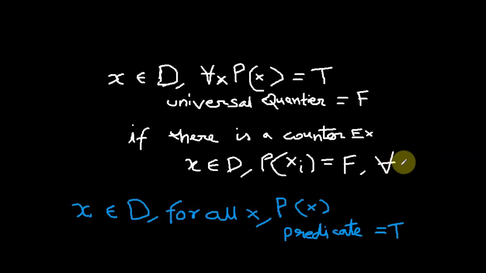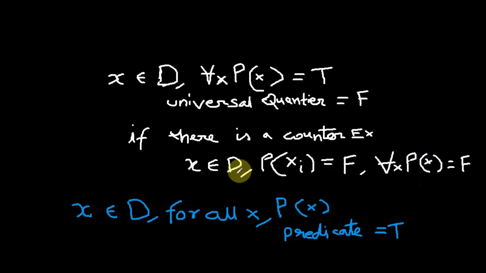Then the universal quantifier P of x also becomes false. This is the only case when it becomes false.